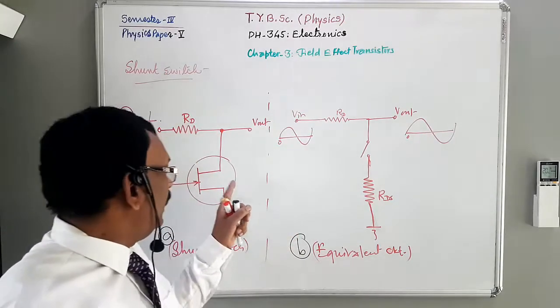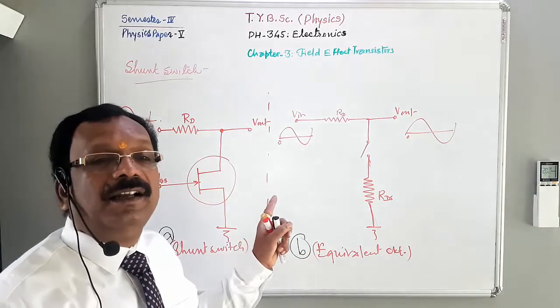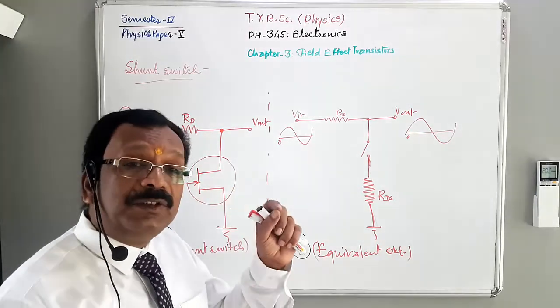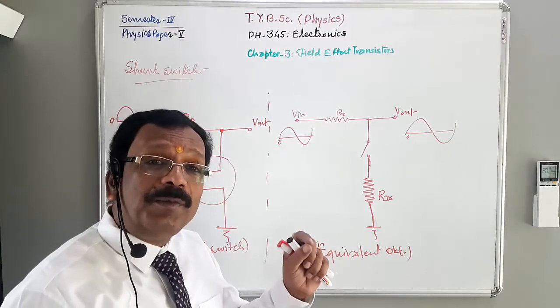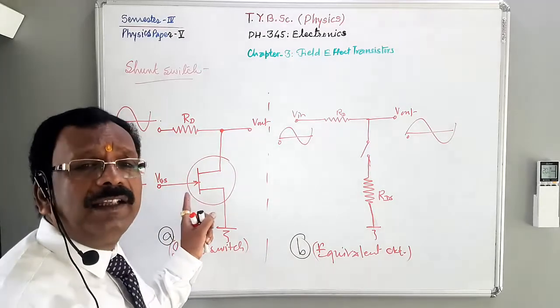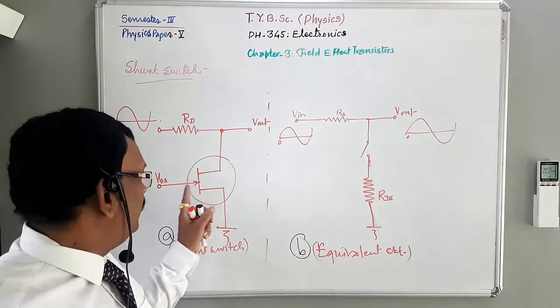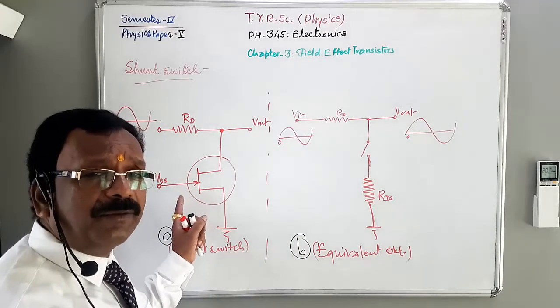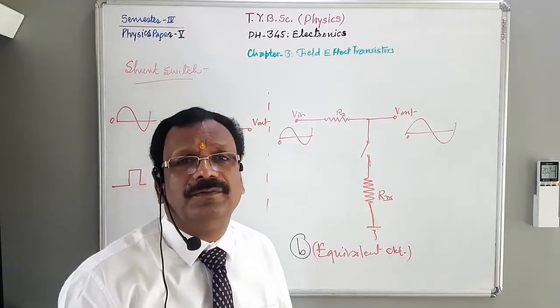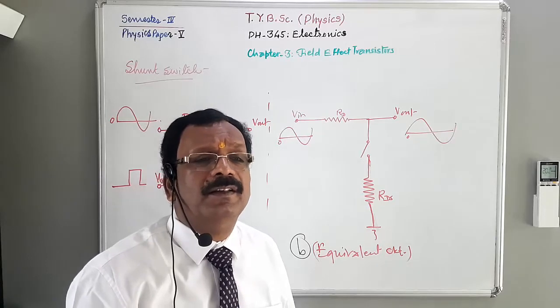High means VGS is equal to 0, and low means it has a negative value. When VGS is 0, it conducts, and when VGS is low, that is, it has a minus value, then it is in the cutoff state.